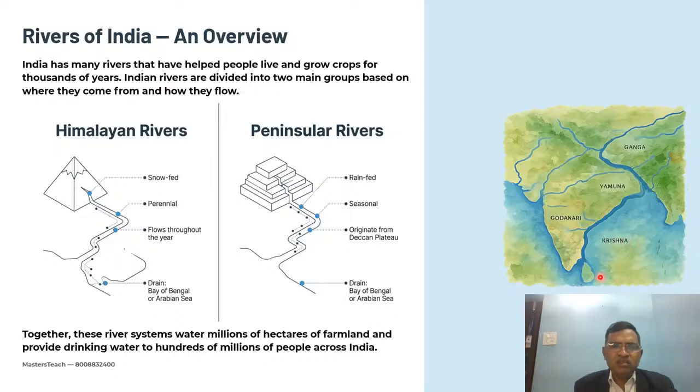Whereas peninsular rivers are rain fed and seasonal. They originate from the Deccan Plateau and also go to the Bay of Bengal as well as the Arabian Sea. So these are the river systems in India.